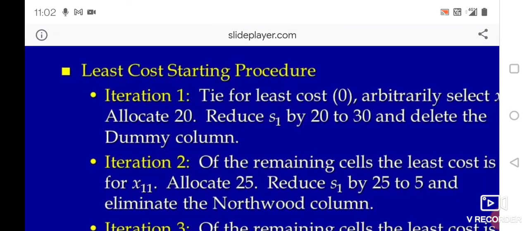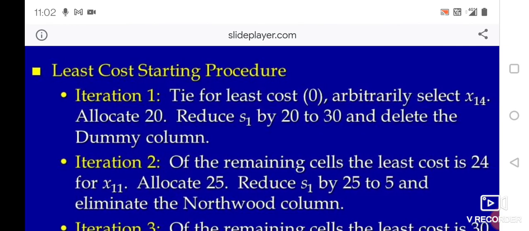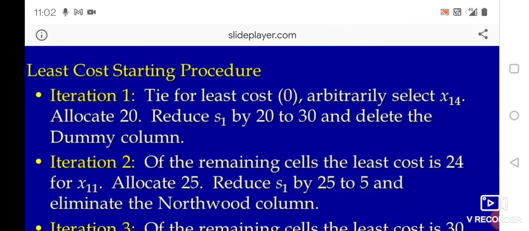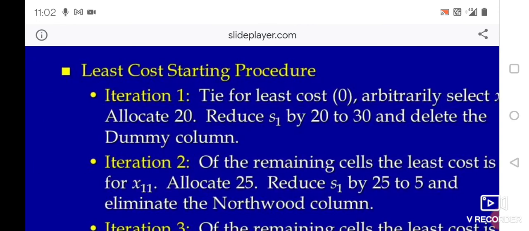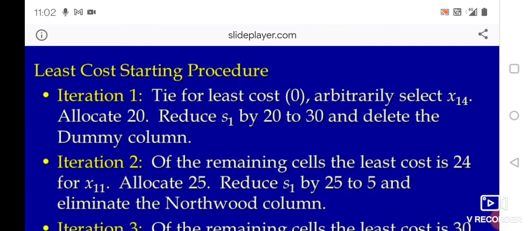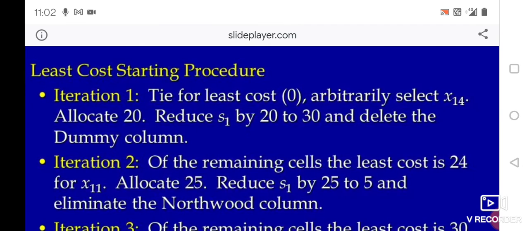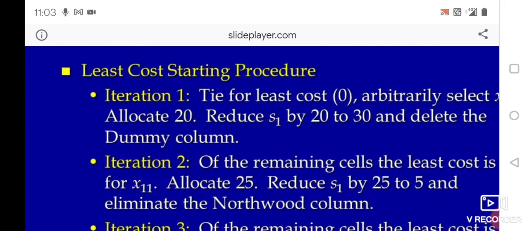Now the least cost starting procedure. First, tie for least cost 0, arbitrarily select x14, allocate 20, reduce s1 by 20 to 30 and delete the dummy column.